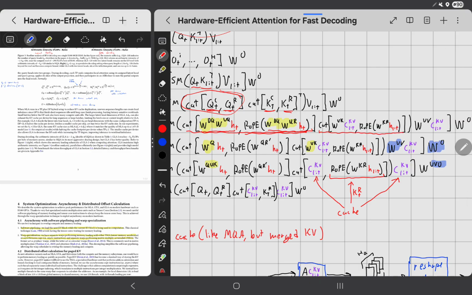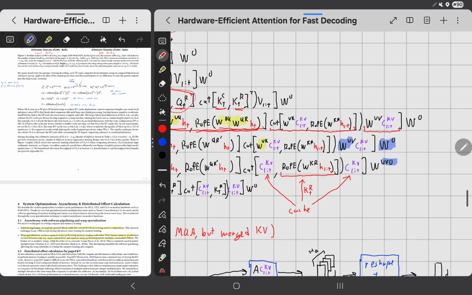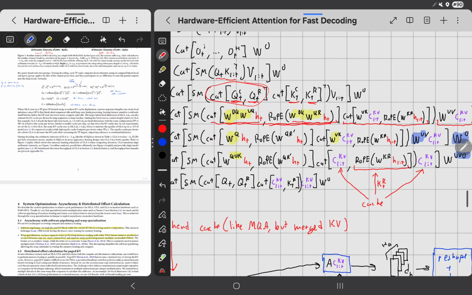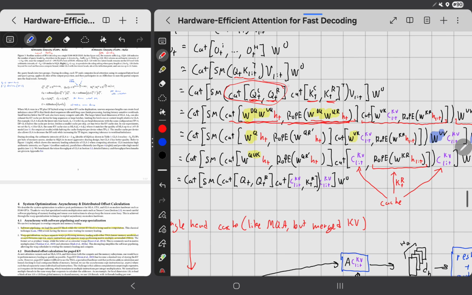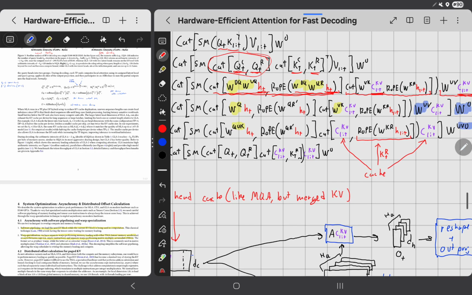And this is the same thing, essentially. And then I'm also breaking up the values. Basically, your hidden states define your queries, while you have this C matrix here, which is what you're actually going to store, that defines your keys and values.